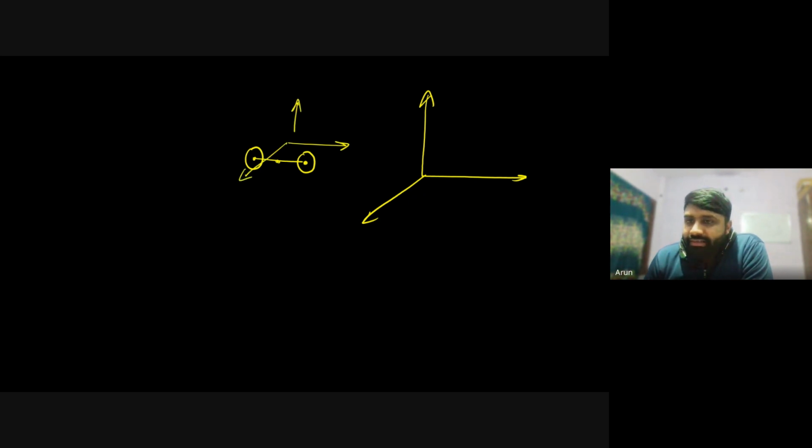In how many ways can they rotate? This system, how many ways can it rotate? It can rotate about this axis like this, like this. It can rotate about this axis, and it can rotate about this axis also. Okay, so only two types of rotation will be there.